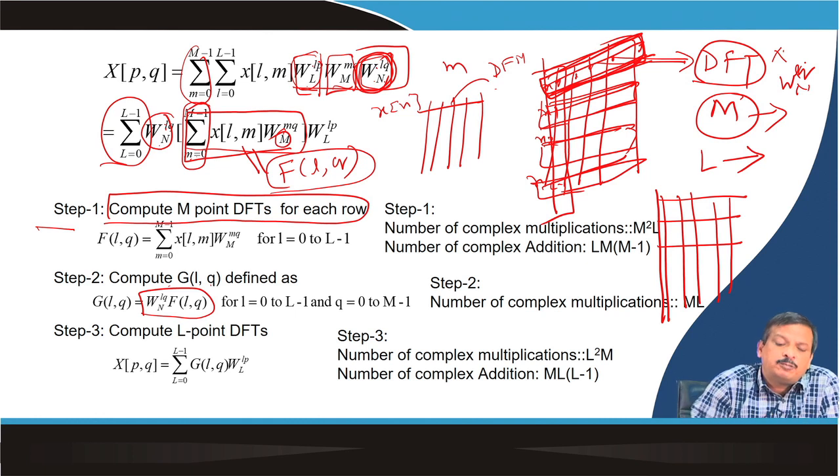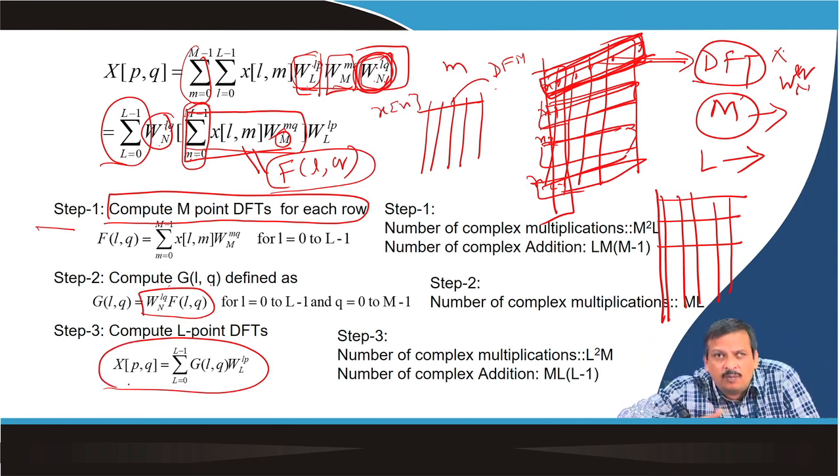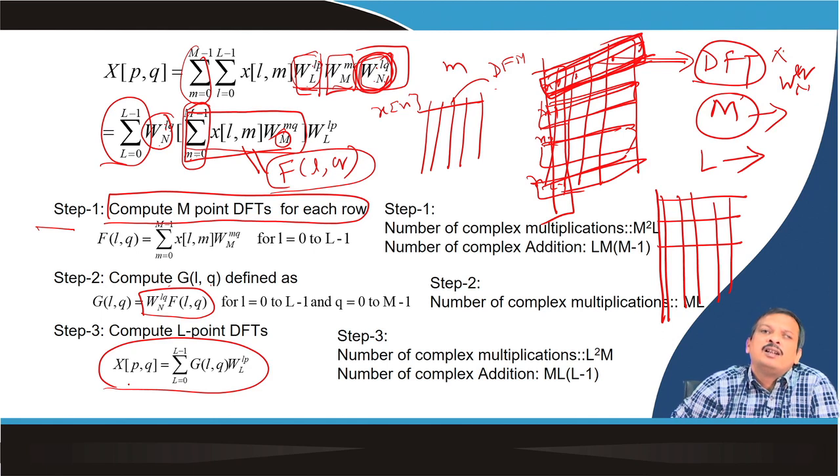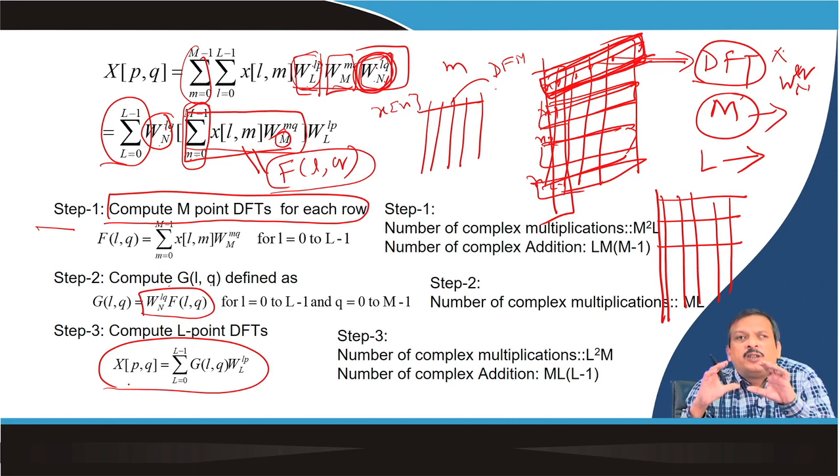Then I compute the L point DFT, that is, the column wise DFT, to get the output row wise. The output of the discrete Fourier transform will be stored row wise, because I have said x of LP plus Q is stored row wise. The mapping function I have taken that way.